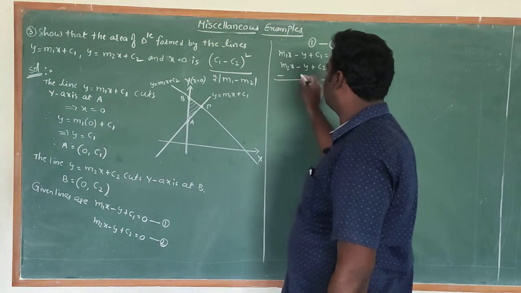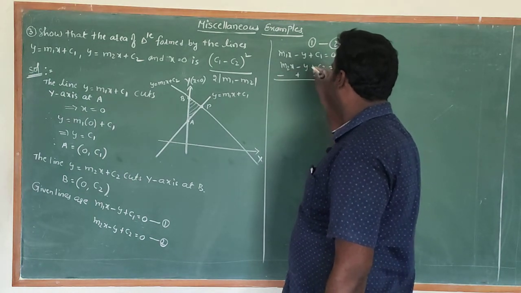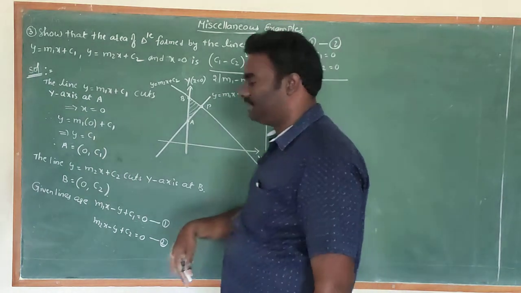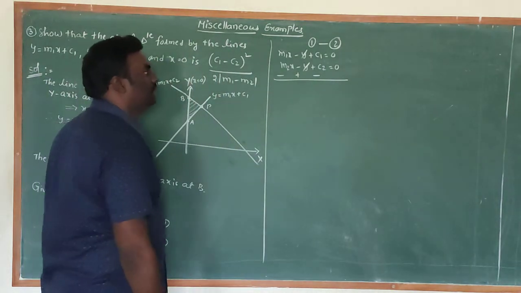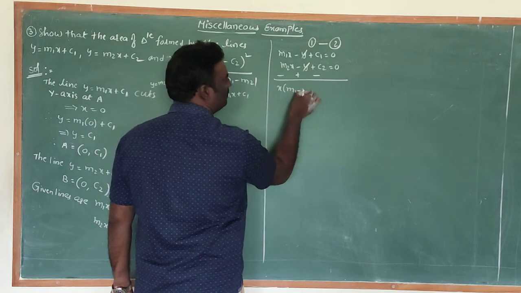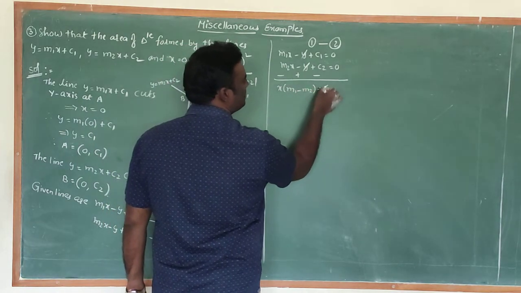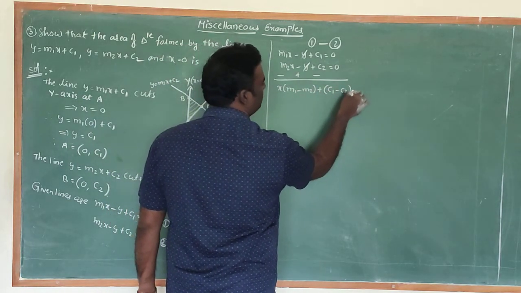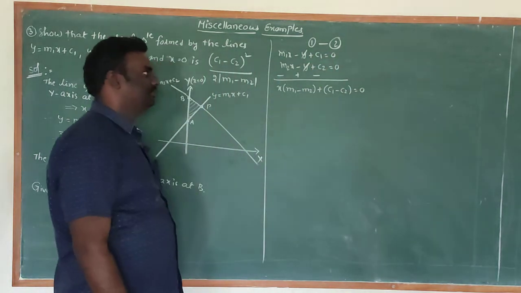So here minus symbol, here plus symbol, here minus symbol. Now y gets cancelled. If you take x common, (m1 minus m2)x plus c1 minus c2 equals 0.